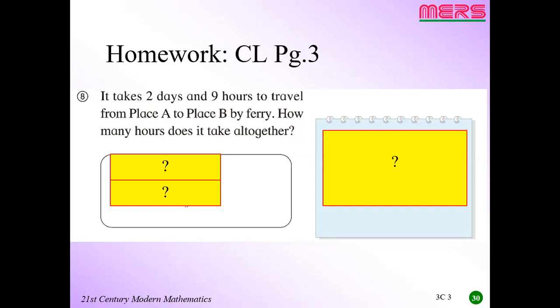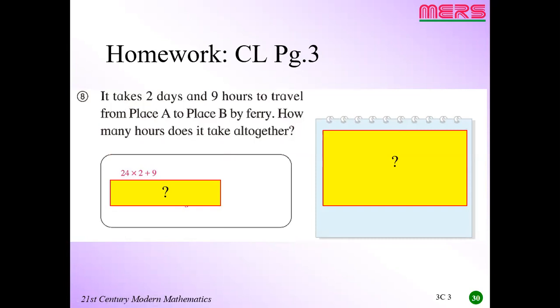So we use multiplication, 24 times 2, and then we plus 9 more hours to find the total number here. The number sentence will be 24 times 2 plus 9. Okay, you will be given some time to do the steps and your column form on your right-hand side.